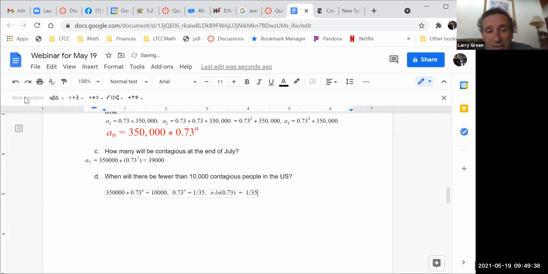And then divide by the natural log of 0.73. So we get n is equal to the natural log of 1 over 35, divided by, let's put all that in parentheses, the natural log of 0.73.